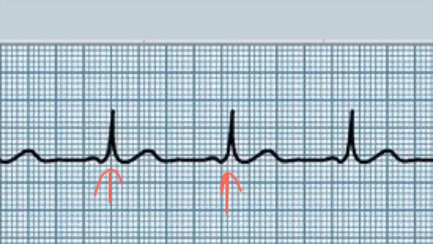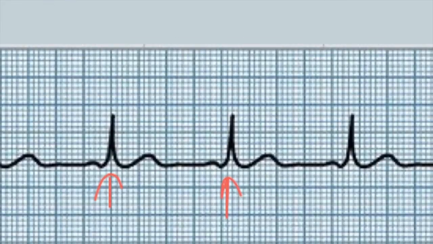So I am going to measure, use my pen here, a little hard to see, from right here to right here. And that would equal 2 small boxes, which is equal to 0.08 seconds. And this is how you will write on the exam, 0.08 seconds.